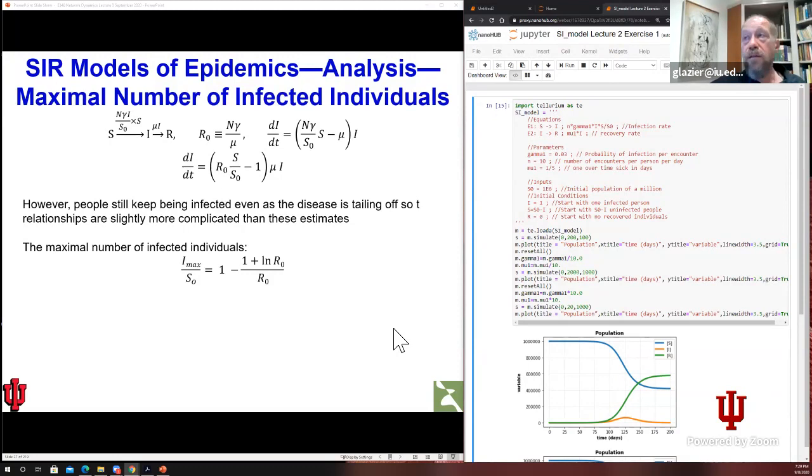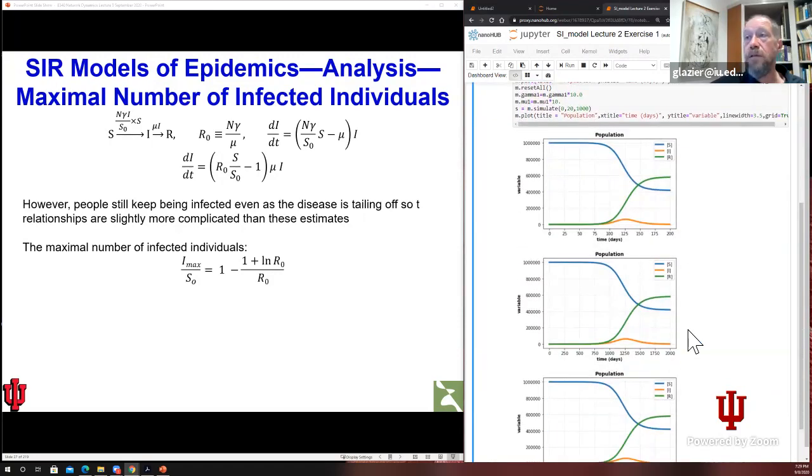Another thing that we can estimate, and I'm not going to do the calculation for you, but you can look it up, it's in Brauer, is what's the fraction of people who get infected at the end. That's the value of this green curve on the right-hand side in this picture that I did before.